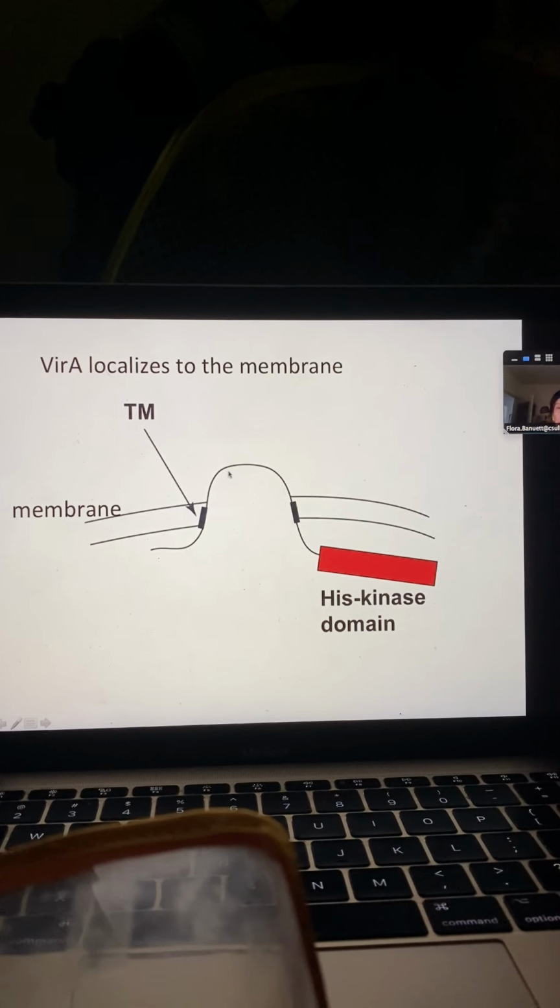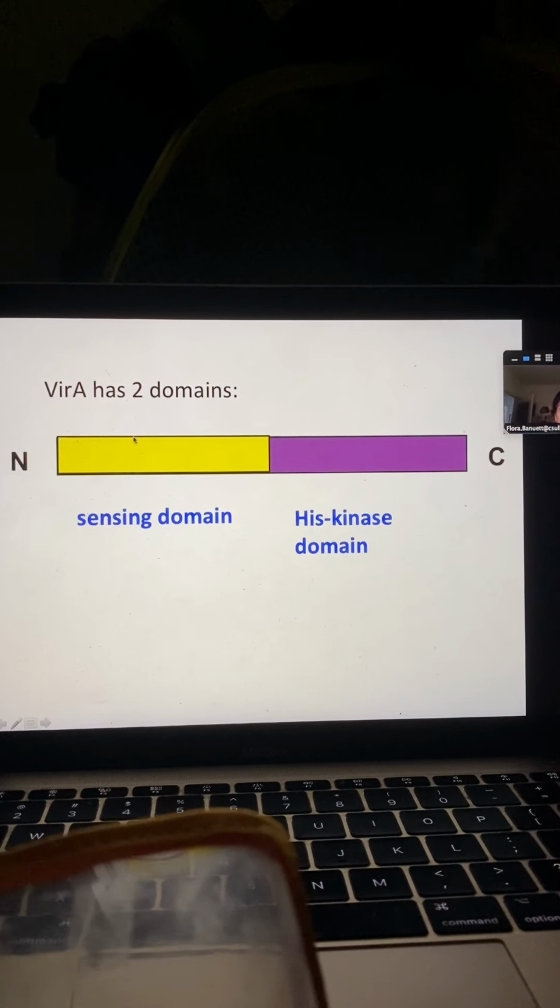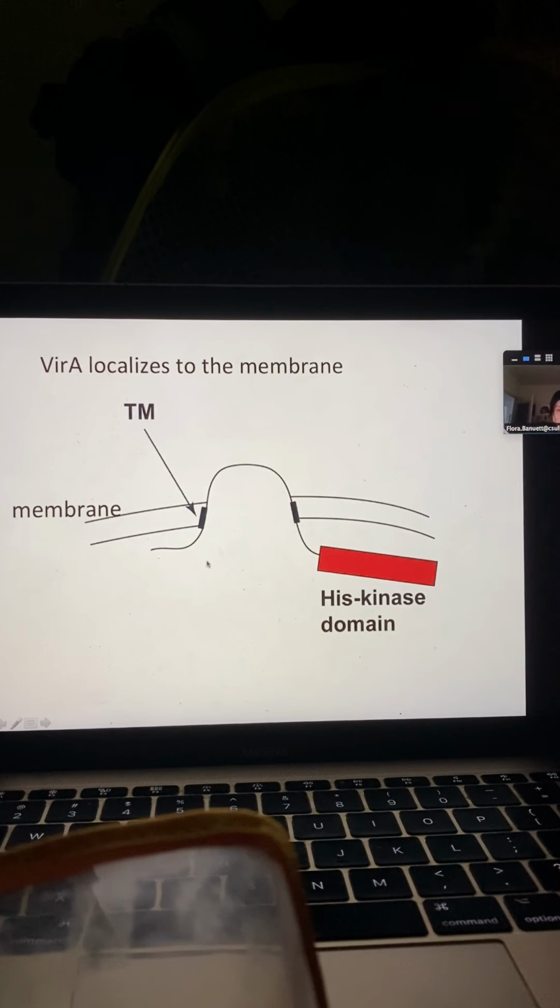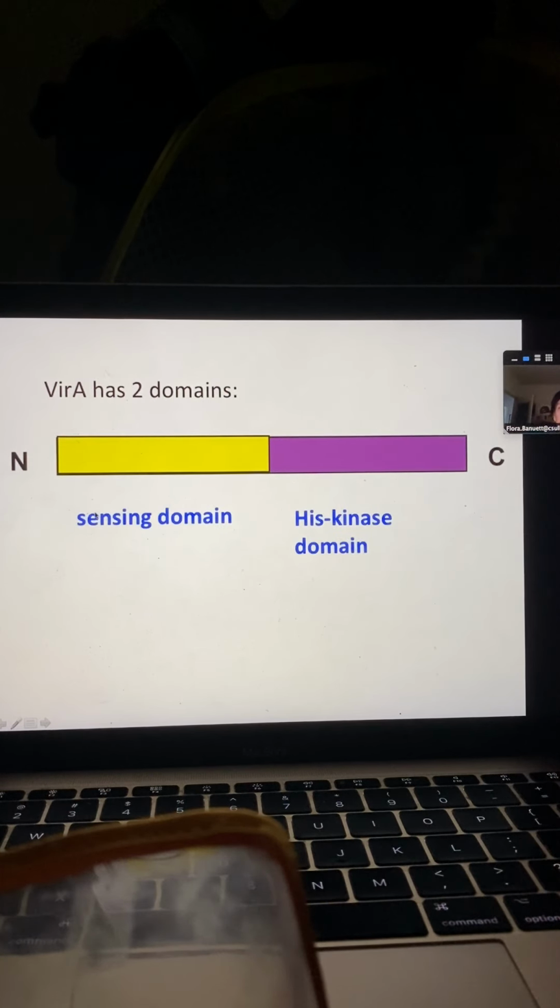Here is once, sticks out and comes back with the histidine kinase on the cytoplasmic face, and this is the outside. So there are two domains to this protein. One is the sensor domain sticking out, and the other one is the histidine kinase domain that is in the cytoplasmic face of the cell.